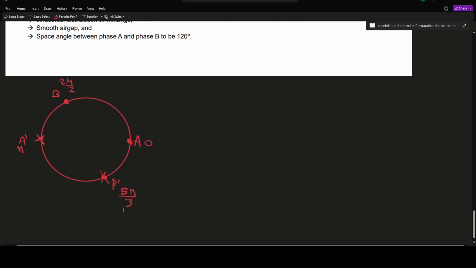Okay, so they are asking us to find the inductance of A based on the current B. Okay, so we know that we already figured out that the flux due to a current is equal to 2MP.